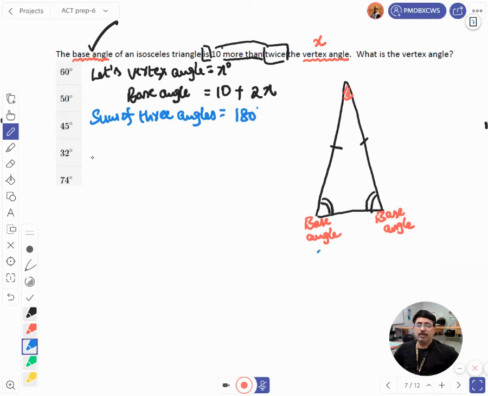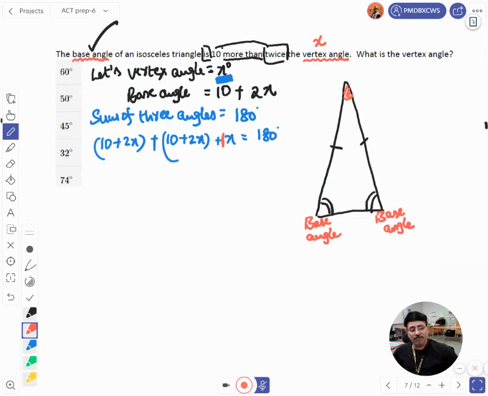So the base angle here is 10 plus 2x, and another base angle is also 10 plus 2x, and the vertical angle, as we assumed in the beginning, is x degrees, equals 180.